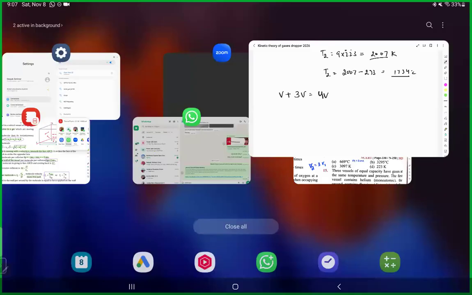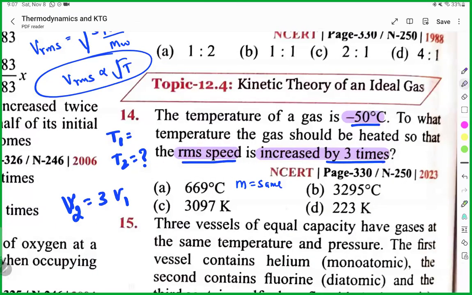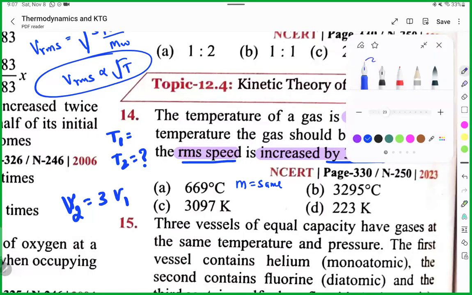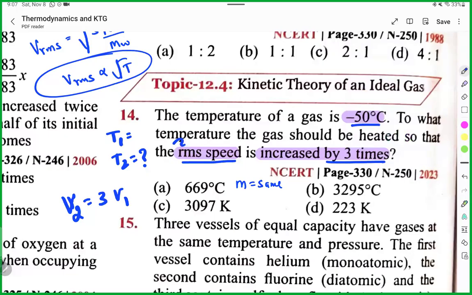And I told Anvita Chandna so many times that the formula is not really the big thing. The biggest point in this topic is this: VRMS increased by 3 times is not 3 times the initial speed.